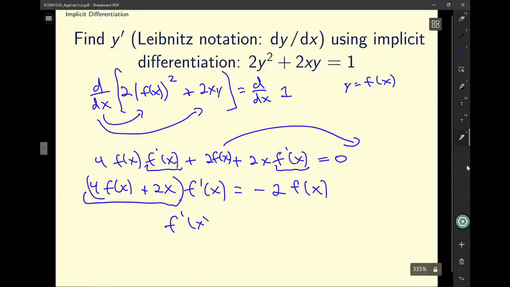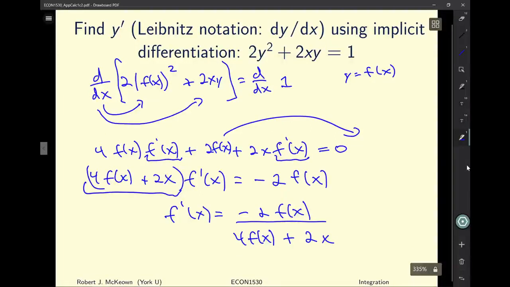So I get f prime of x is equal to negative 2 f of x over 4 f of x plus 2x. And I could simplify this a little bit. I've got a 2 in the numerator and a 2 in the denominator, so I could rewrite this as x over 2 f of x plus x.